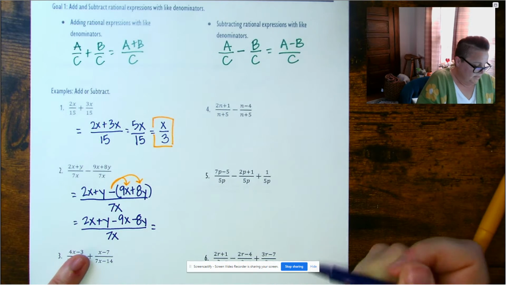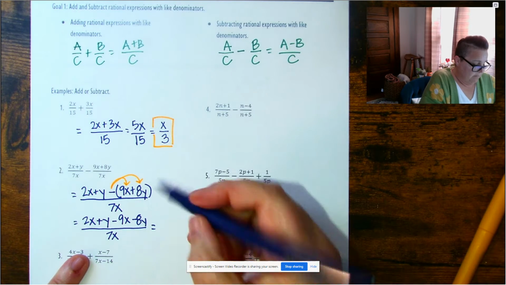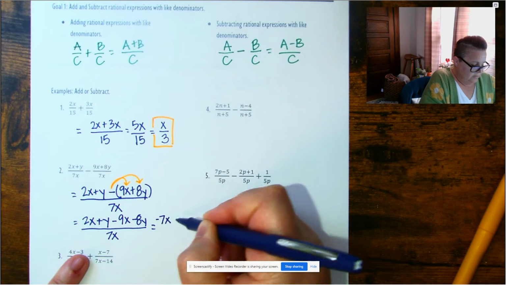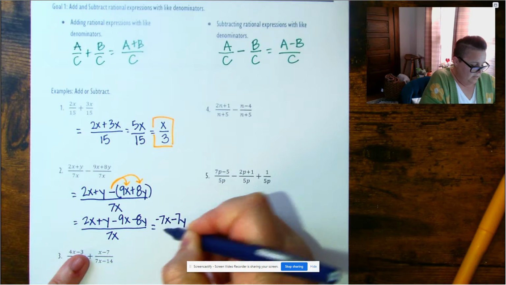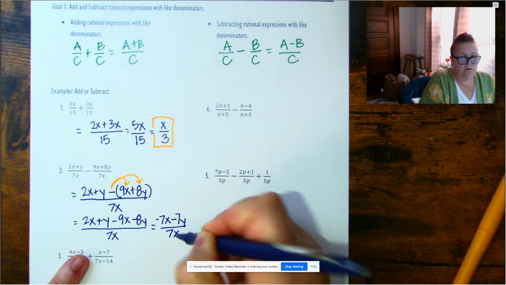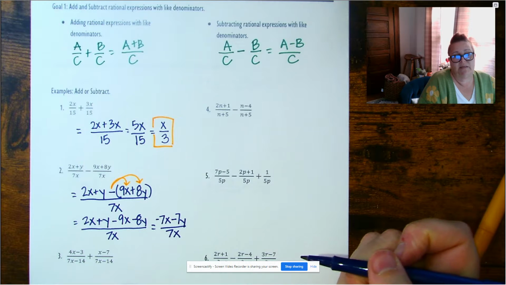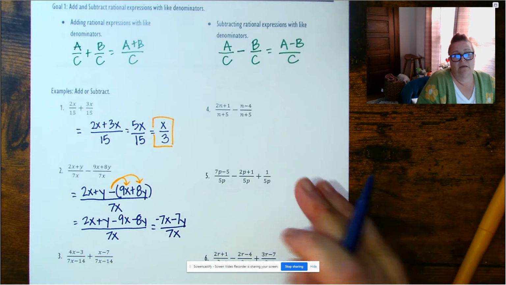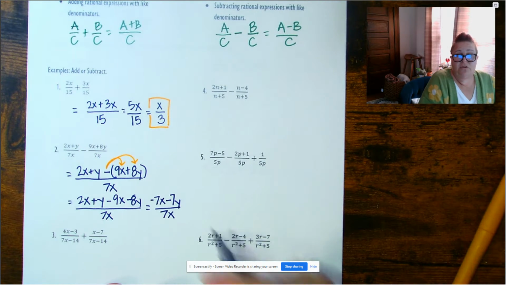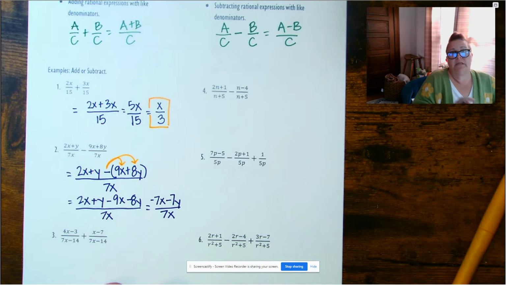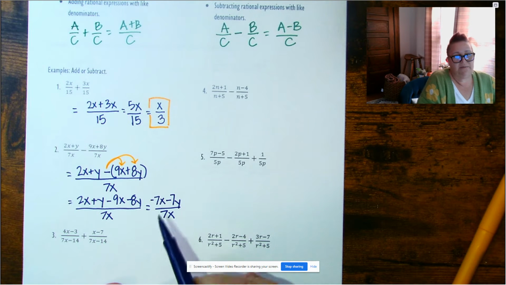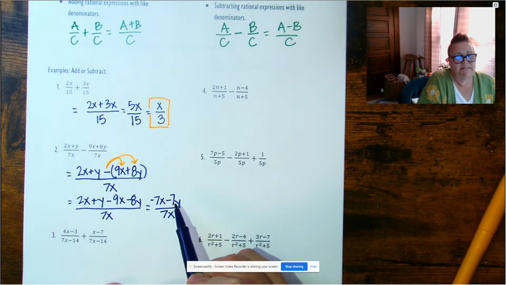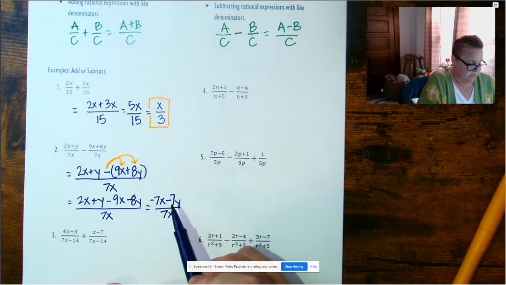When I combine these, I get minus 7x minus 7y over 7x. Oh, Amy, this one's a little bit longer. Okay. Now, you may want to cancel those 7x's. Can't do it. Cannot do it. This 7x is a part of the minus 7y. You cannot cancel.